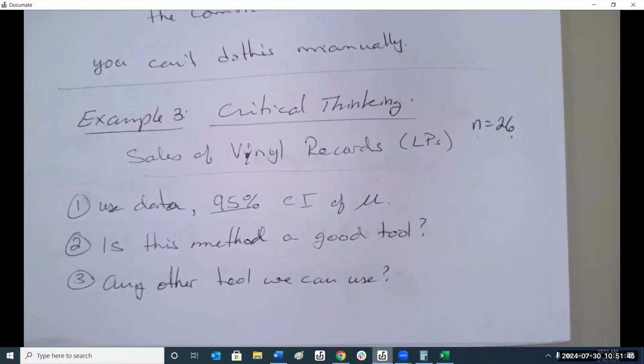So with a 95% confidence interval and our n for our data set here, 2, 4, 6, 8, 10, 12, 14, 16, 18, 20, 22, 24, 26, our degrees of freedom is 25. That's 26 minus 1. So it's 25 at a 95% confidence interval.